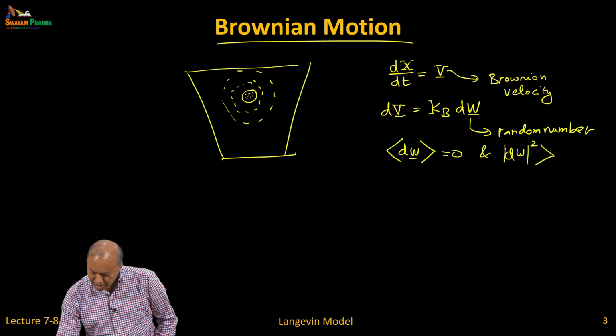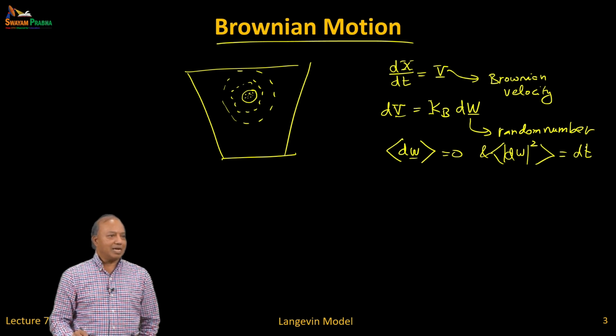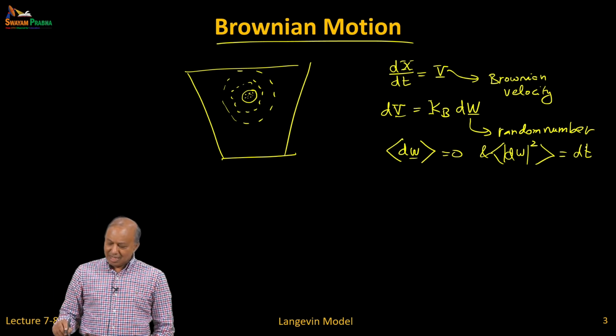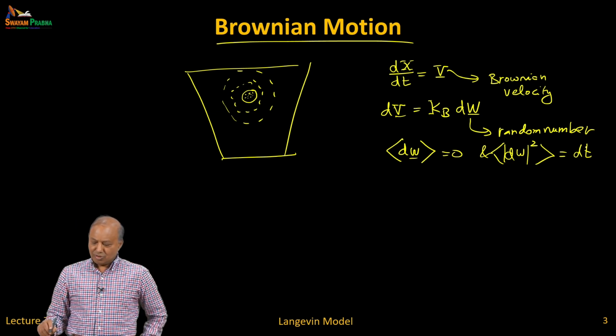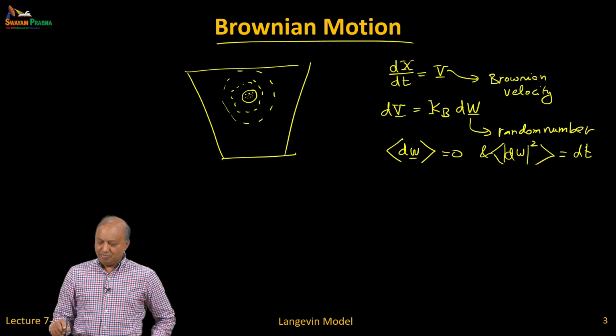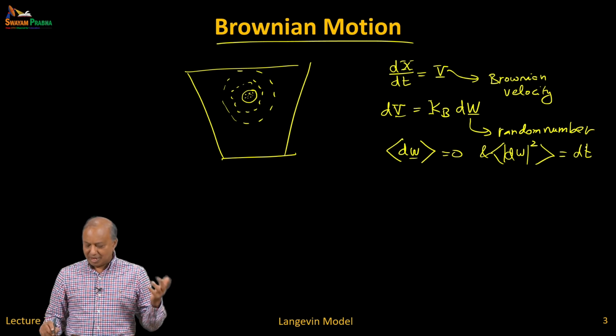you will have to give it proportional to your time step. So if you decide to do a microsecond time step or millisecond time step, you have to choose random numbers every time, so that when you add over a lot of different steps, it averages out.